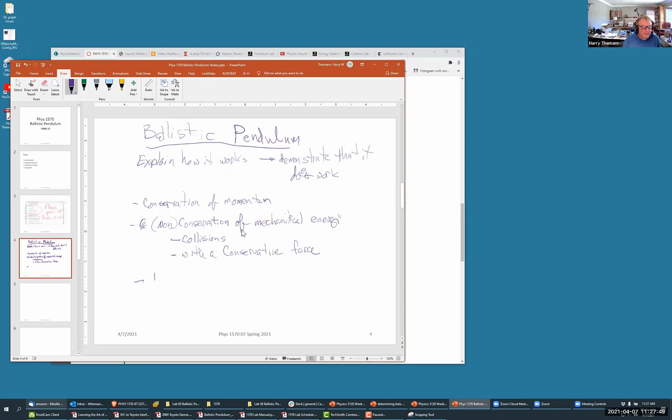And then we're going to use the conservation of KE and PE. This is a part of conservation of mechanical energy with only a conservative force.